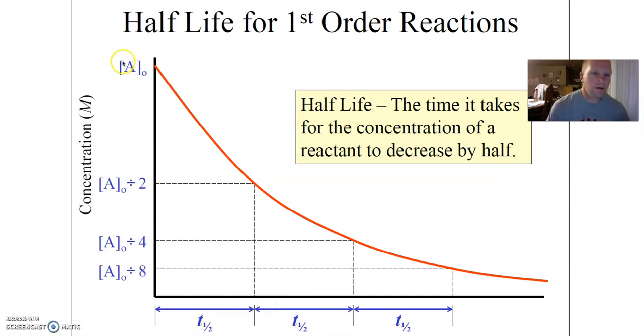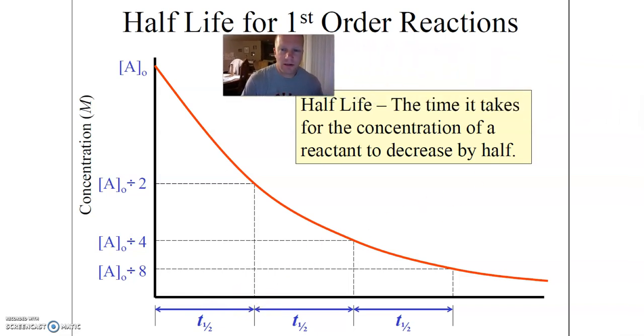And basically, here's the deal. If we start with a certain concentration of A, after 1 half-life, half of it has gone. Let's say we start with 1 molar A, and my half-life is 5 minutes. After 5 minutes, I would be down from 1 molar to 1/2 molar.